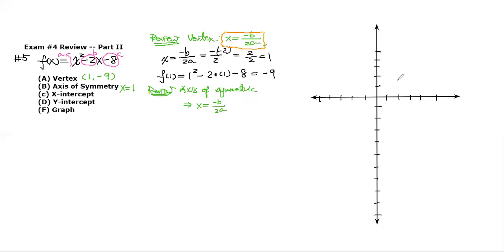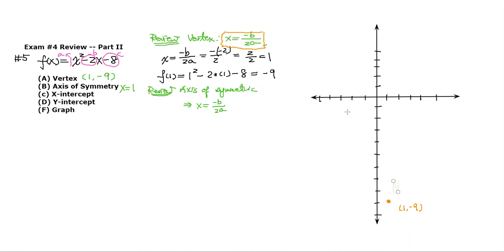The vertex is 1, negative 9. So it's 1, 2, 3, 4, 5, 6, 7, 8, 9. So here, this is my vertex, 1, negative 9. Then we know the axis of symmetry is the line here.